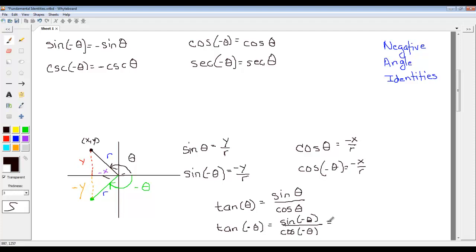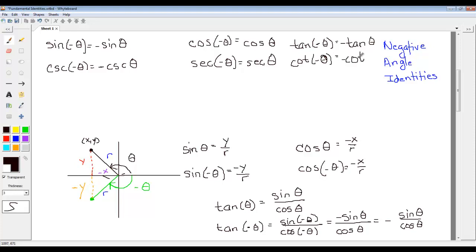Which equals negative sine theta over cosine theta, using our identities we already have. So the tangent of negative theta is the same thing as negative tan theta. But then let me quickly mention reciprocal. Cotangent negative theta is going to be negative cotangent theta.